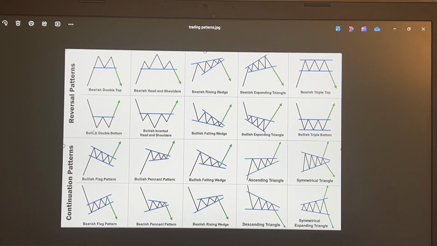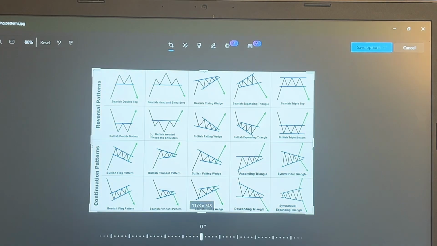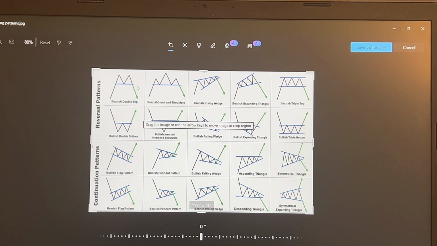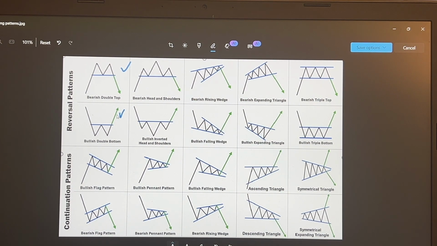First of all, we'll refresh our memories. So this is the chart patterns I showed you guys earlier. Today I think I'll be able to cover maybe six chart patterns. We'll be doing bearish double top, and bullish double top because I'll be doing these two together because it's easier.